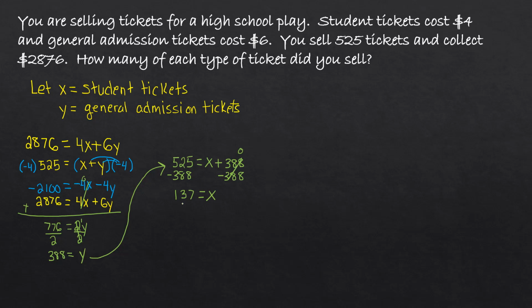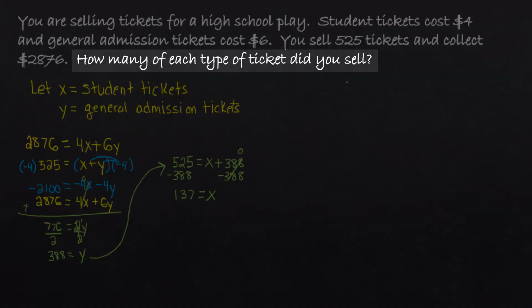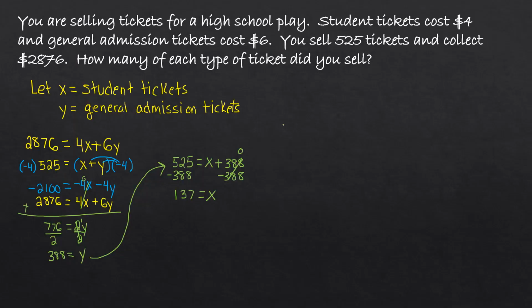137. Since this is a word problem, I'm going to answer in a complete sentence. The question again is, how many of each type of ticket did you sell? So to answer that, I will say I sold 137 student tickets and 388 general admission tickets.